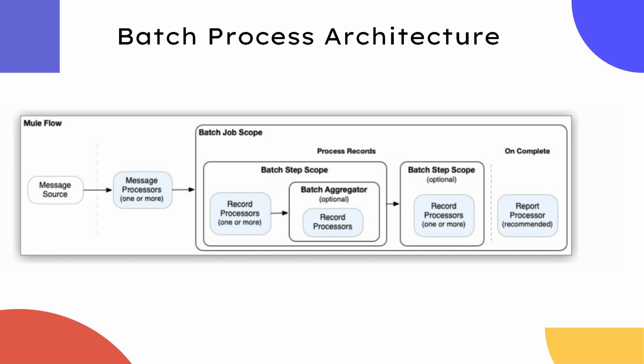You can convert that input message into a particular MIME type, into a particular data type, and after that you can see one batch job scope is there. Inside a batch job scope you can see a batch step scope, another batch step scope, and in the end the on-complete phase. Okay, so this is the architecture. In the next slides I'm going to show you how this whole architecture basically works.